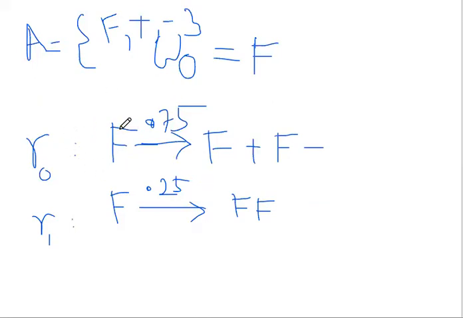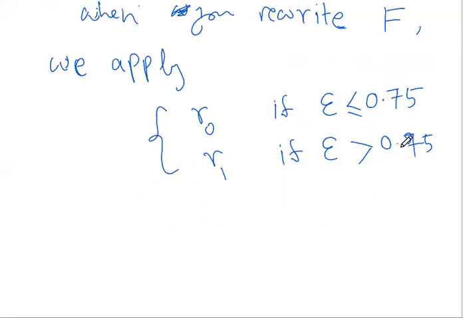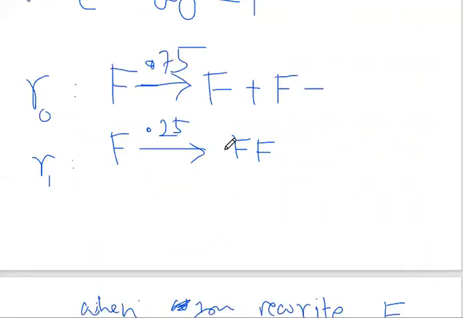So you have two rules for F: if the random number is less than 0.75, you use this rule; if greater than 0.75, you use this rule.